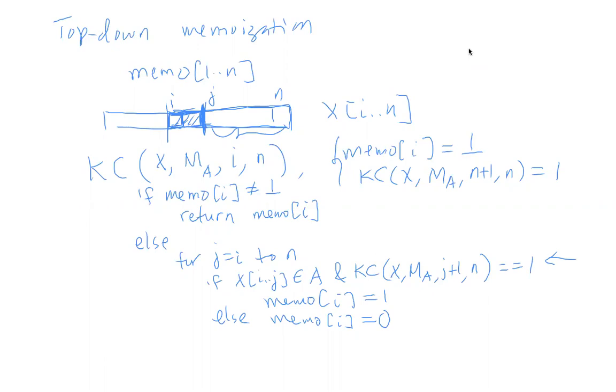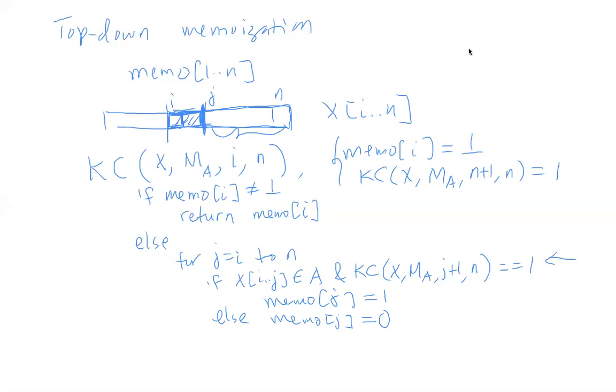When you find one, one is 1, the other is 0.